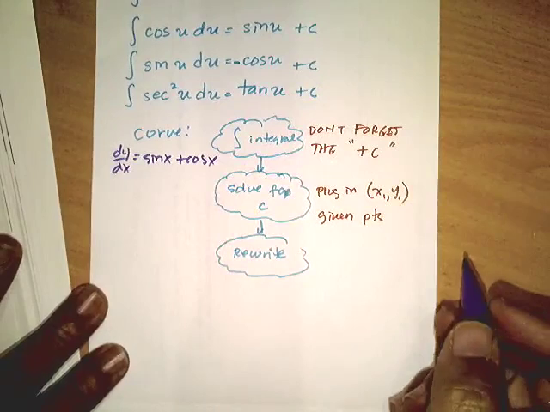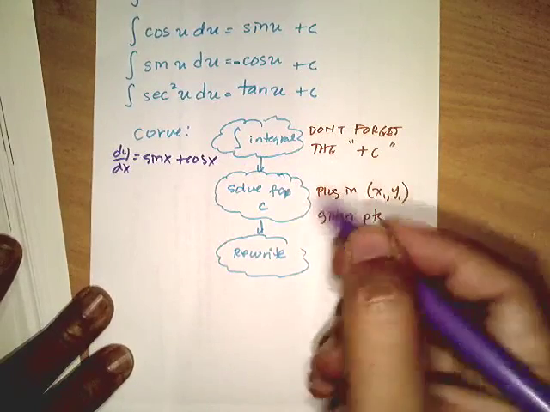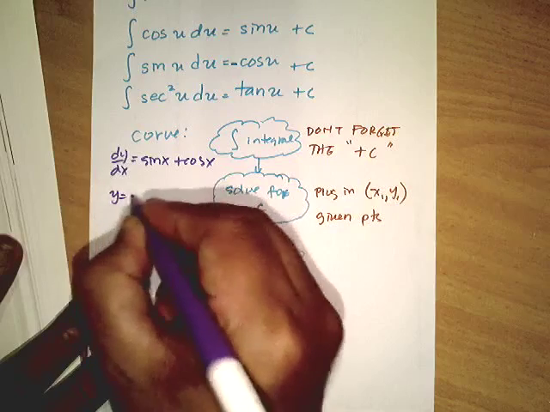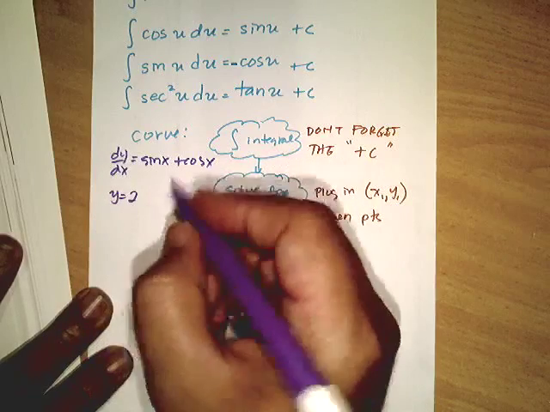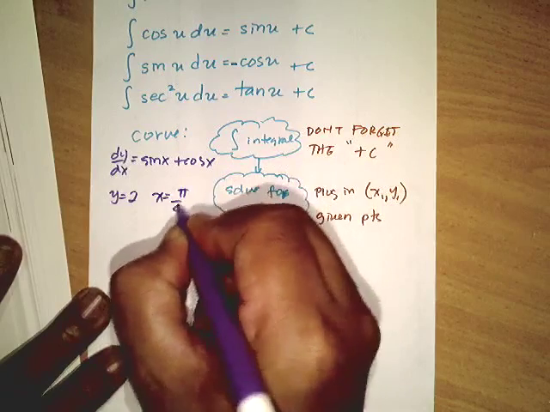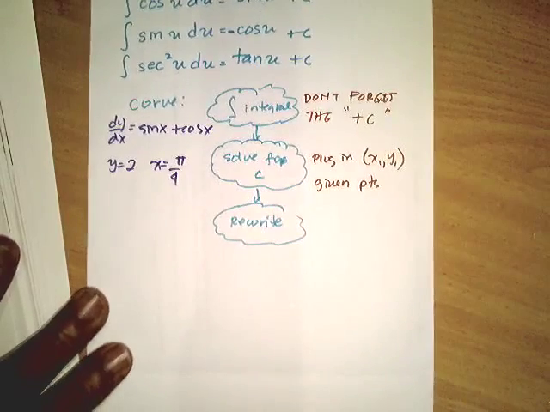And then we're looking for the expression of the curve when y is equal to 2 and x is equal to pi over 4. So let's try to figure it out.